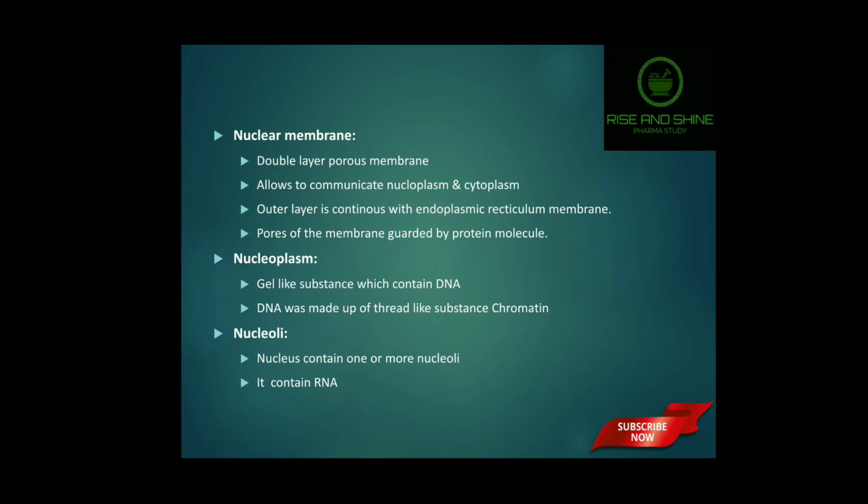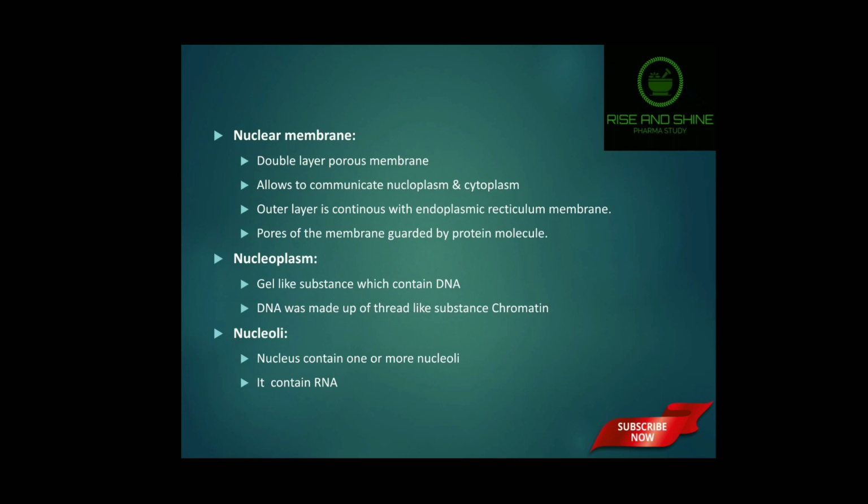Next one is the nucleoplasm. Nucleoplasm is a gel-like substance which consists of DNA. DNA, we know, is a large quantity of genetic material. This DNA is generally made up of a thread-like substance known as chromatin.